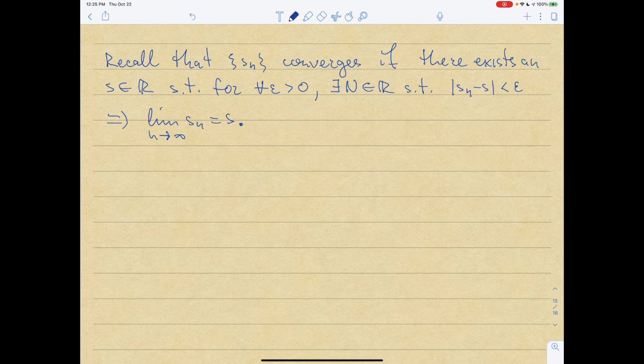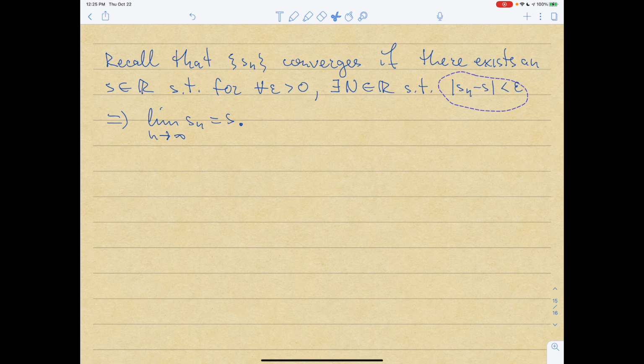What I mean by this is the following. If the sequence converges to some S, that means that the terms of a sequence eventually become arbitrarily close to S. And basically what the definition says, starting from a certain capital N, all Sn will differ from S by no more than epsilon.